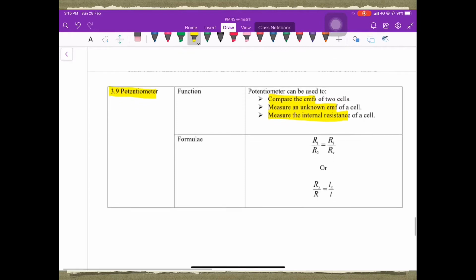Alright, so refer to the resistance and the length.